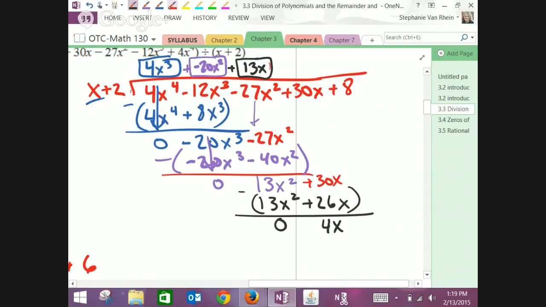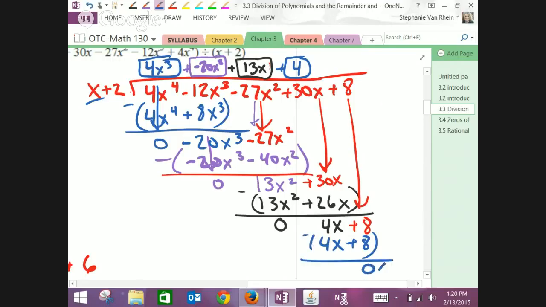So I could go ahead and drop my plus 8. And just because I know I'm going to have to deal with two terms, because there's two terms in this polynomial. So what do I need to multiply by x to get 4x? 4, right? So plus 4, that gives me 4x plus 8, and then when I subtract that, I get 0. Which means x plus 2 is a factor of this polynomial.